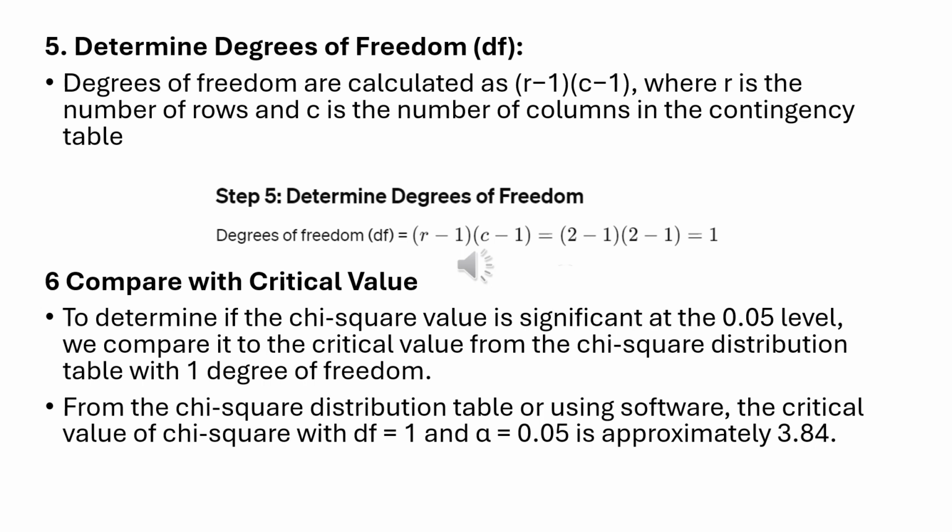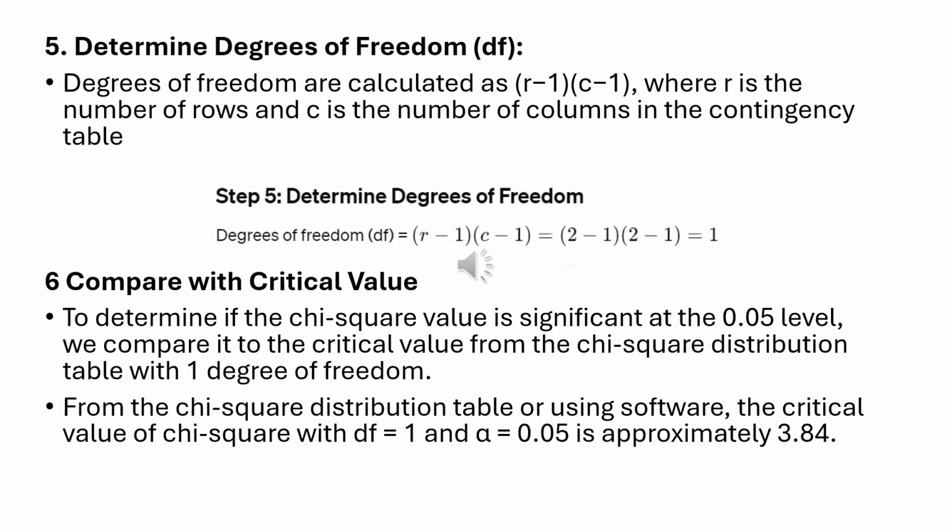The next step is to compare the chi-square value with the critical value. Critical value means that for each set of data having a particular alpha value and a particular degree of freedom, there is a critical value, which can be obtained directly from the chi-square distribution table or calculated using suitable software. In our case, we set the confidence interval at 95%, so the alpha value is 0.05 and the degree of freedom is 1.